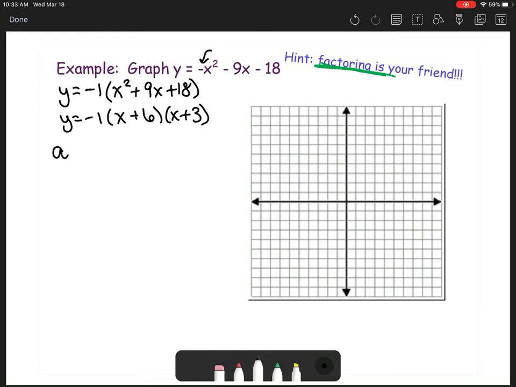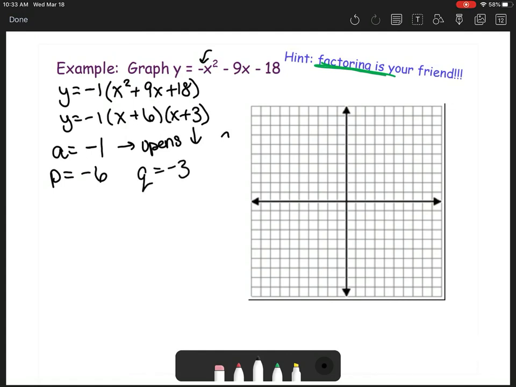Now, as in the last one, we can identify a is -1, which tells us this parabola opens down like a frown. And p is going to be -6, because plus 6 means minus negative, and q is -3.